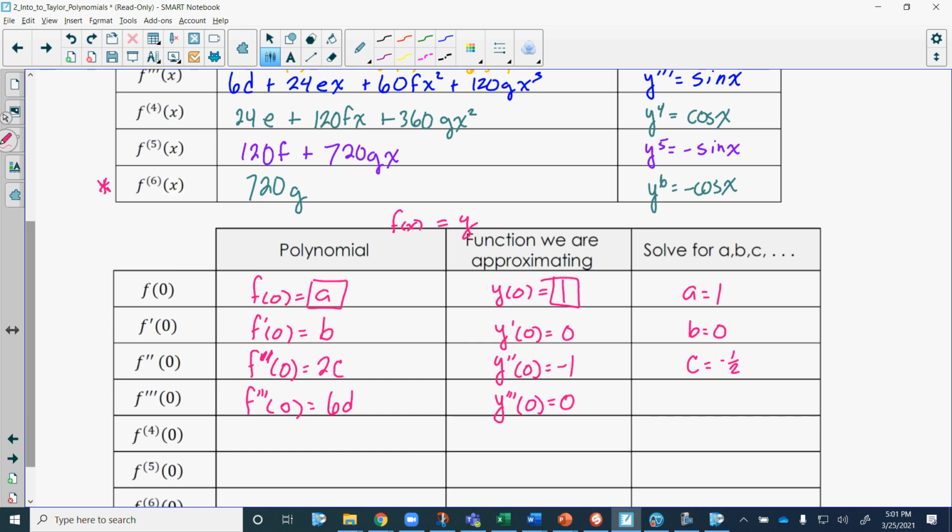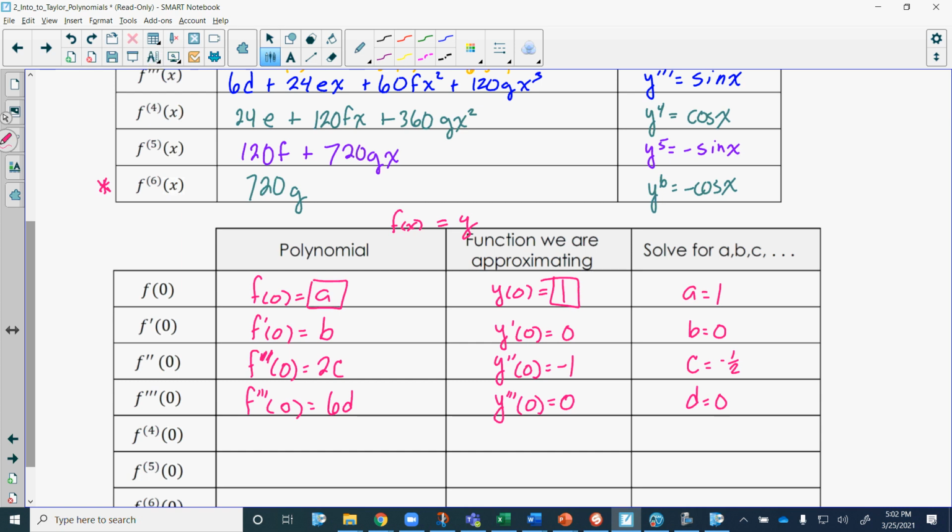And again, you can really just take the pattern with sine and cosine to see what the outputs are going to be. You know, the pattern 1, 0, -1, then the next one's going to be back to a 1, and so on. So here, 6d being equal to 0 means that d itself is equal to 0.